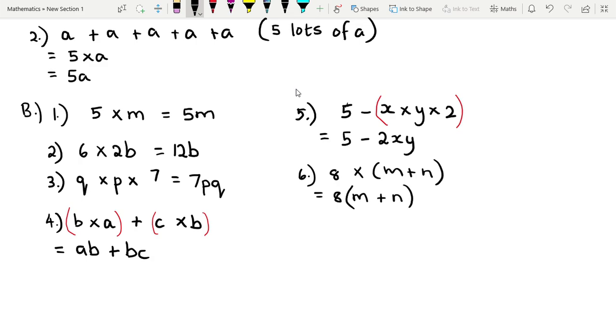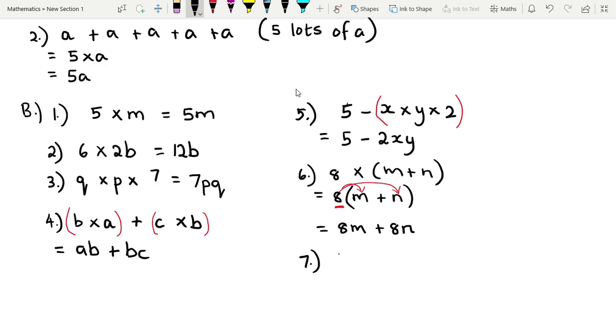And then we would use our distributive law. We would multiply, we would say 8 multiplied by m plus 8 multiplied by n. And so when we work it out, we're going to have 8m plus 8n.